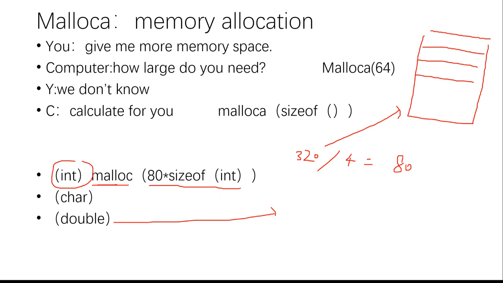If it's double, then 320 divided by 8 gives you 40 small spaces in the memory.